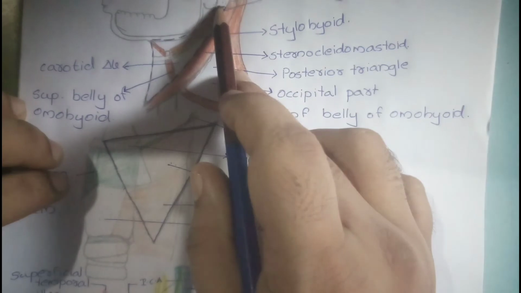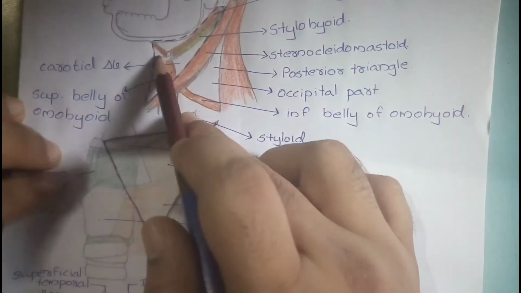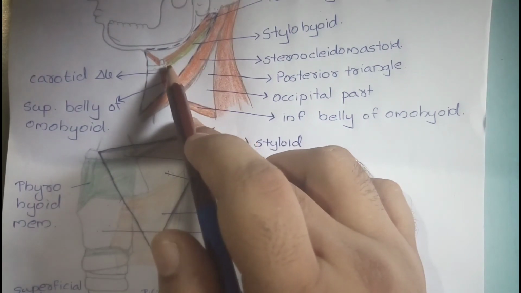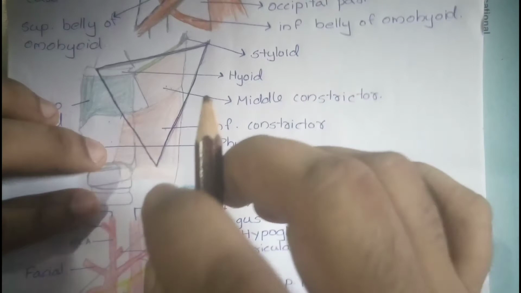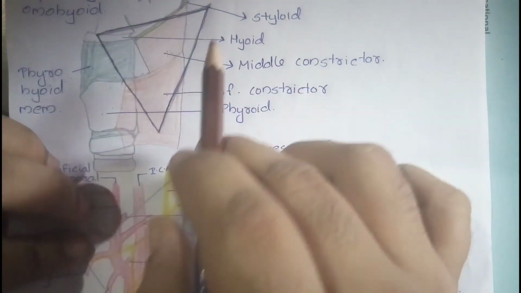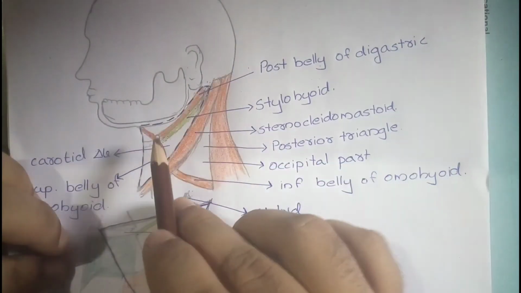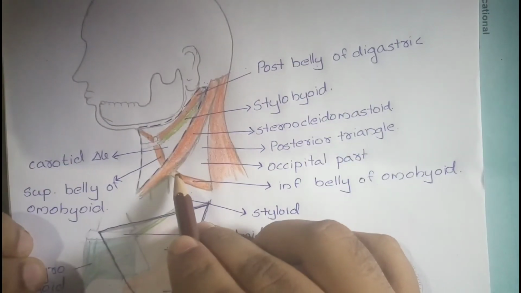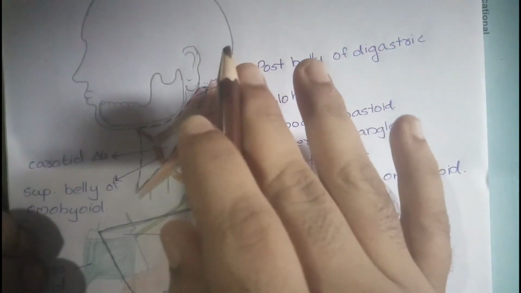It is present below the posterior belly of the digastric muscle. The next node is the jugulo-omohyoid node. It is present above the inferior belly of the omohyoid.